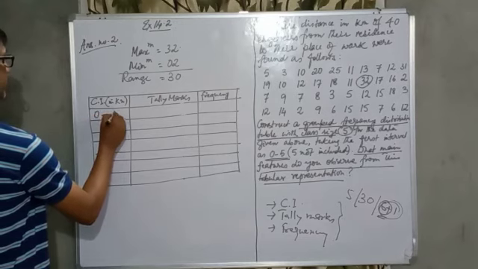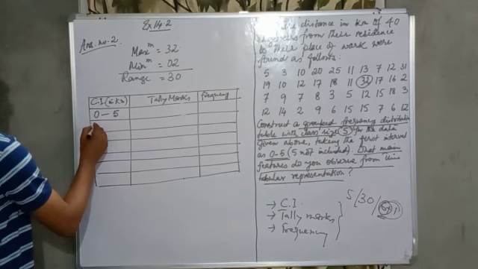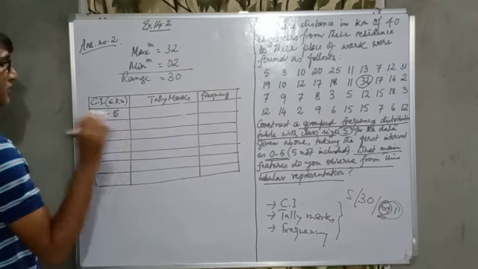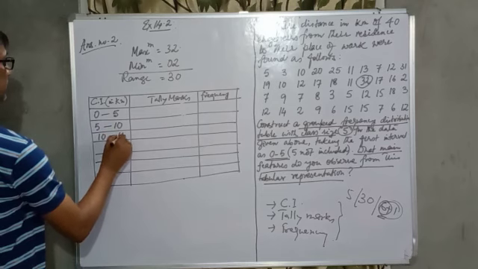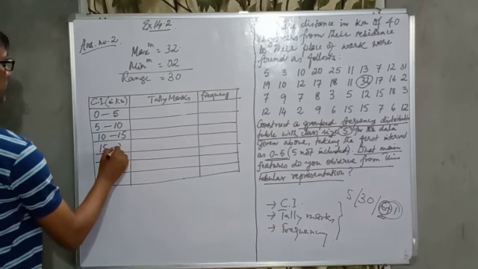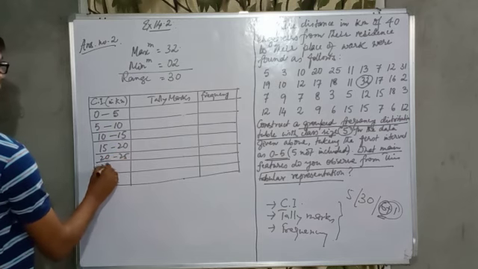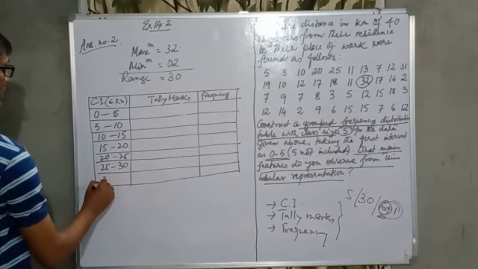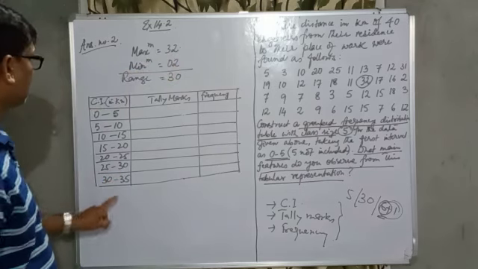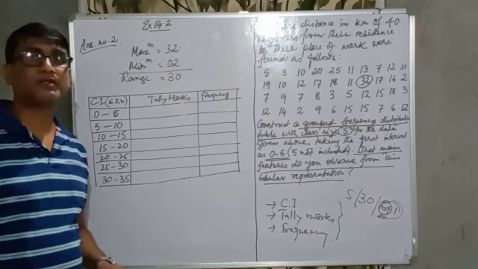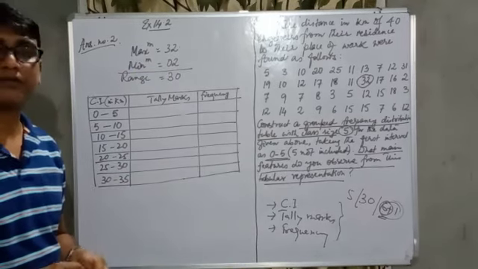Since 5 is not included in the first interval, the second interval will include 5 to 10, then 10 to 15, 15 to 20, 20 to 25, 25 to 30, 30 to 35. Now see, the maximum is 32. 32 will come in the last class interval, so that we can easily find out.